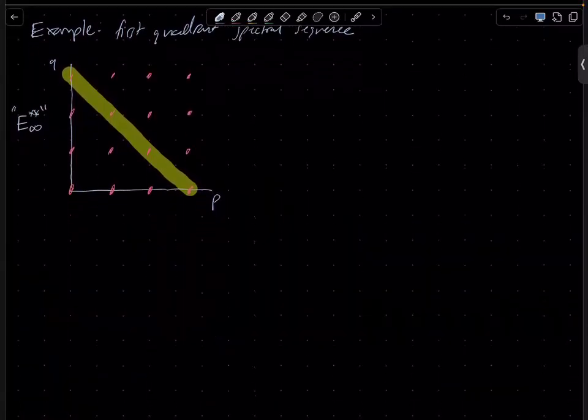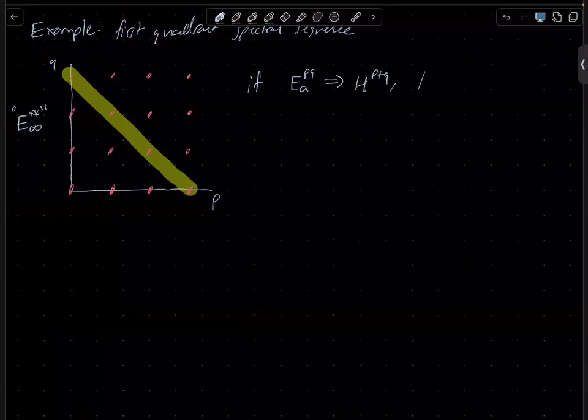So, whatever this A is, it starts at some page, it doesn't matter. If E_A^{p,q} converges to H^{p+q}, then we have the following. There's a filtration that looks like this.